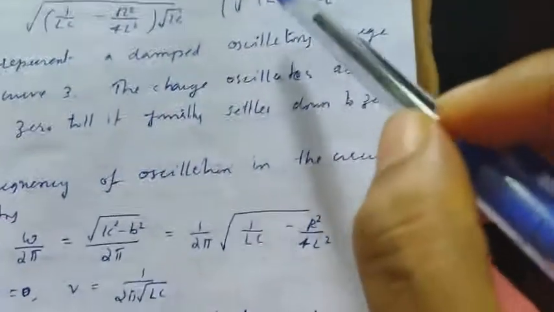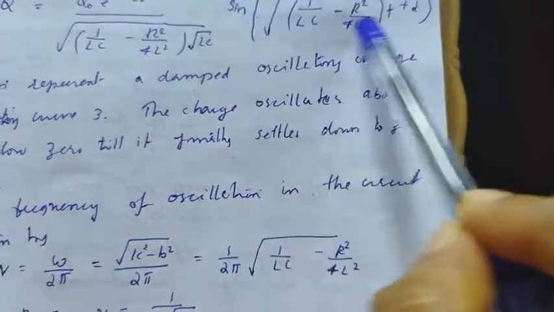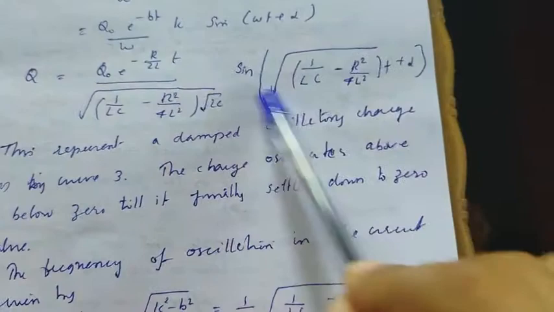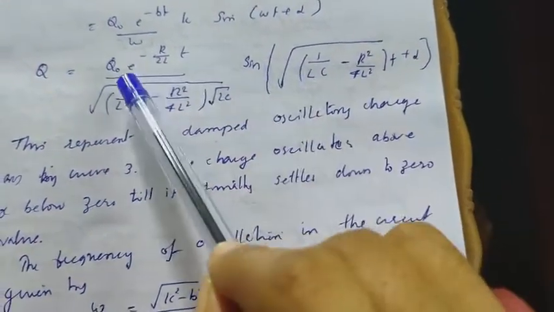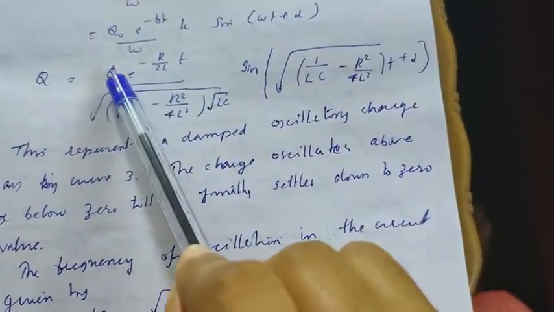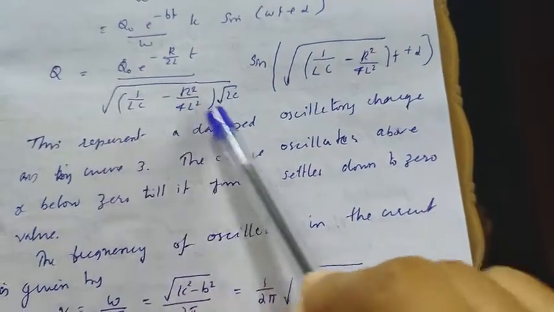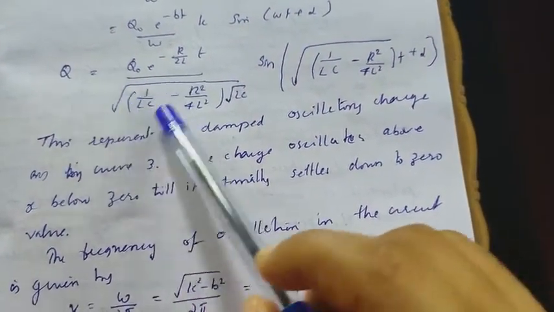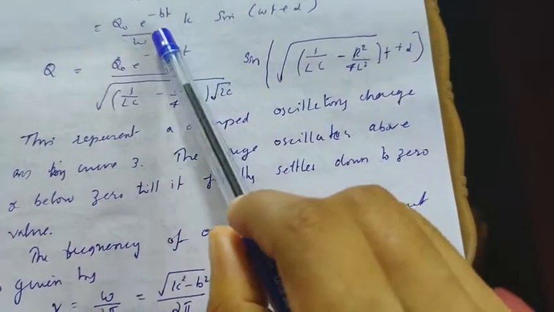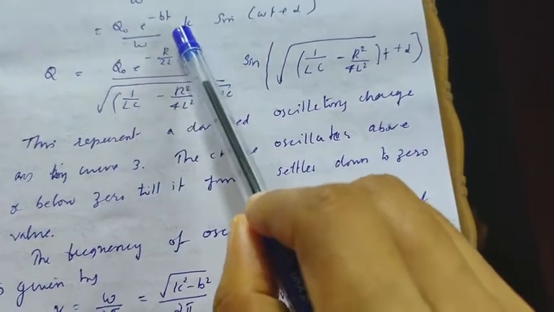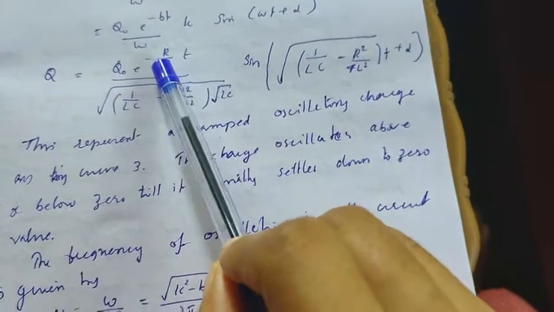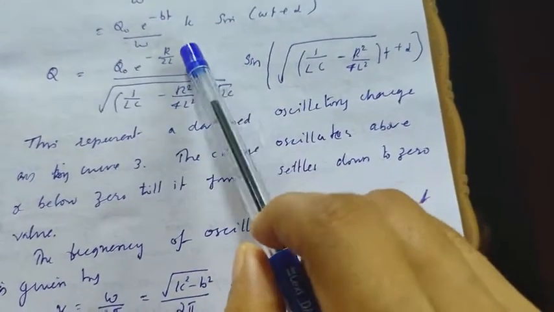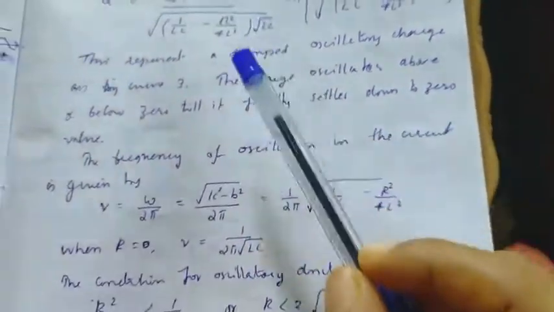Due to the nature of the sine function it oscillates, and due to this exponential factor, its amplitude decreases as time goes on, because this is a minus exponential factor. So as the time increases, its amplitude decreases. This represents the value of amplitude.